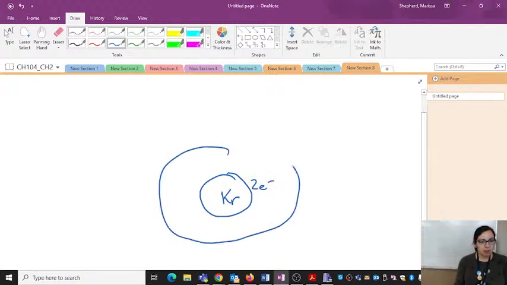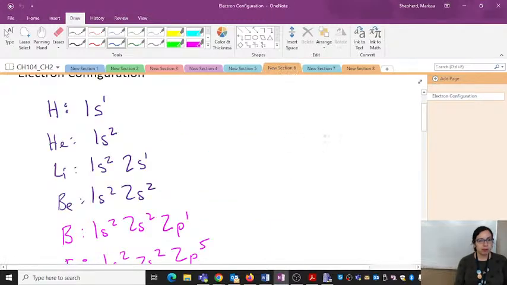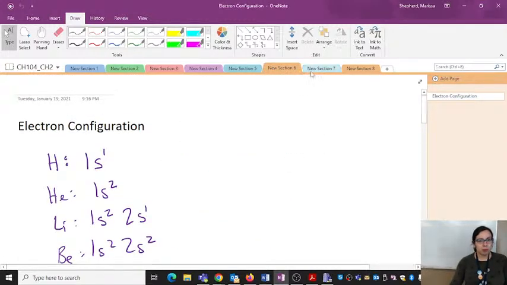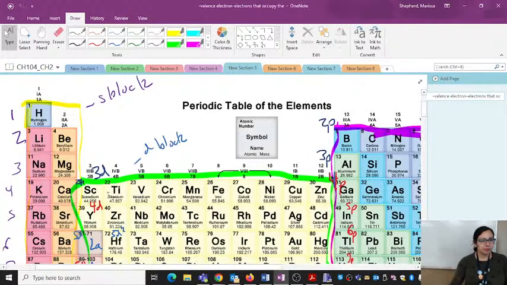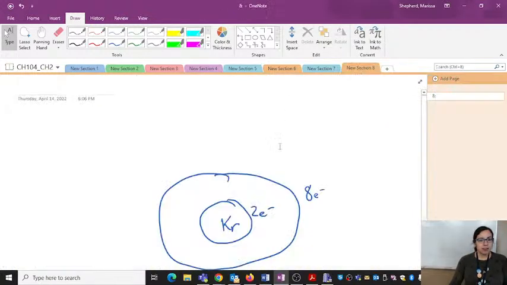And then you have your second circle, and that has 8. Where this comes from is we can relate it back to the periodic table here. So we start with our 1s, which makes sense for those 2 electrons.